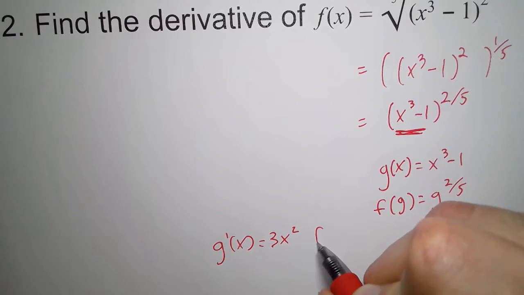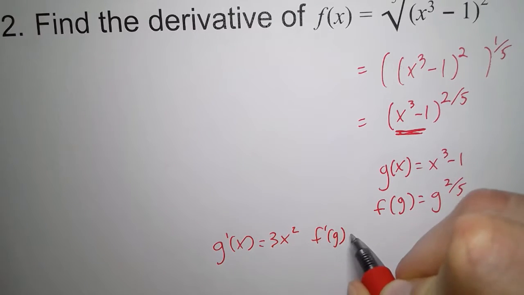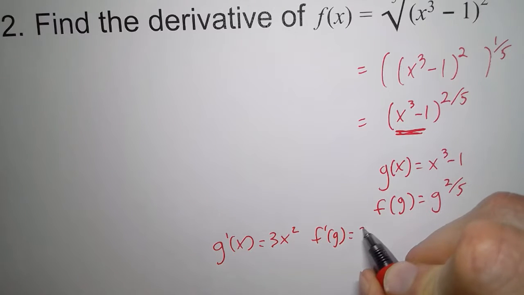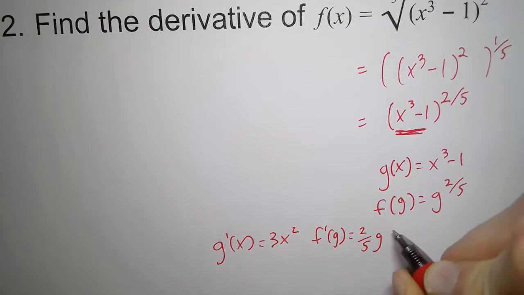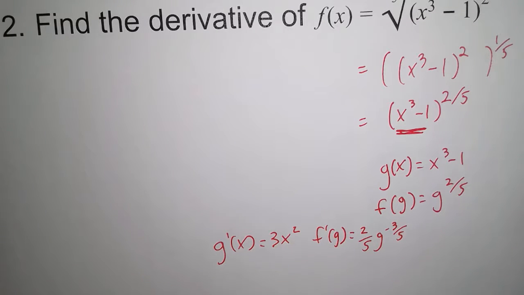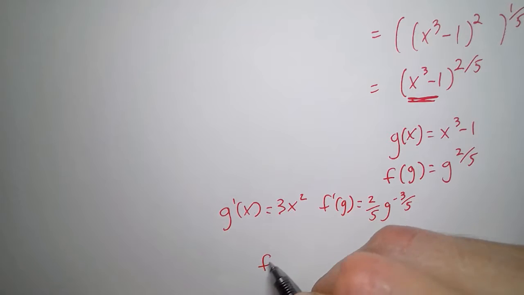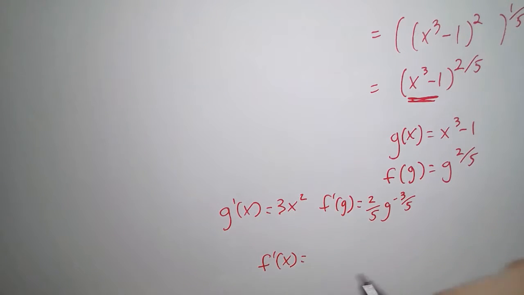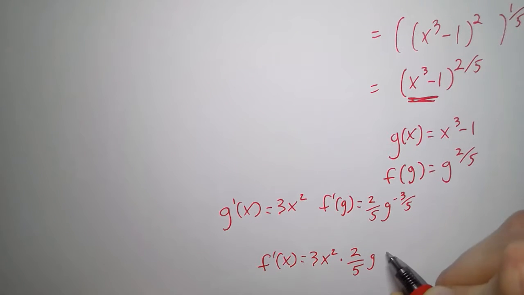And f prime of g is equal to 2/5 g to the negative 3/5. So, to find our derivative f prime of x, we multiply 3x squared times 2/5 g to the negative 3/5.